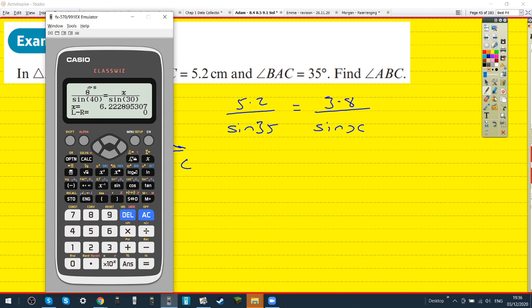But in general, if you're trying to find an unknown angle, it's easier if the angles are on top. Unknown side, easier if sides on top. This might not work. I got X is 24,275. Did you put in like 999 or something like that? Yeah, I just spammed a bunch of buttons.